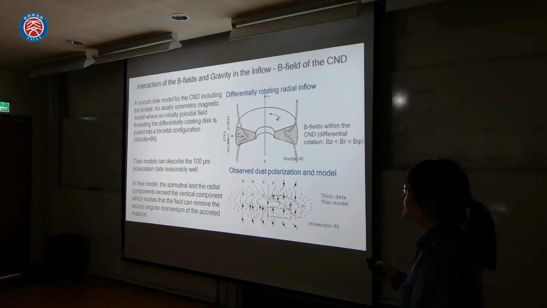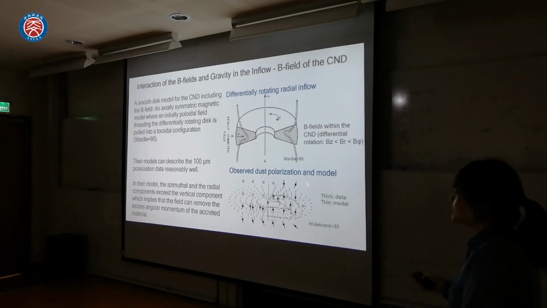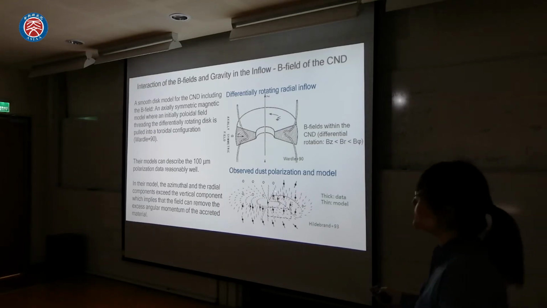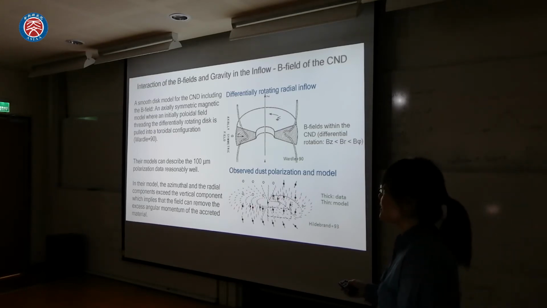So in this model, the predicted B field lines shown by these thin segments can explain the observed magnetic field configuration in the CND pretty well, very reasonably well.